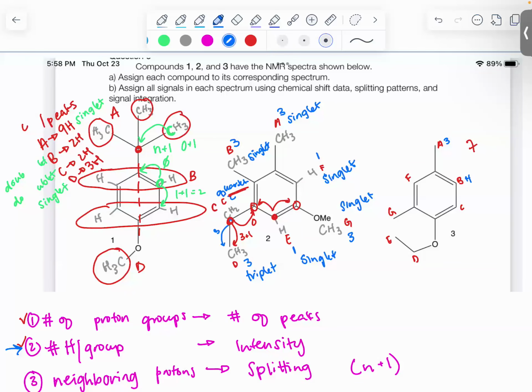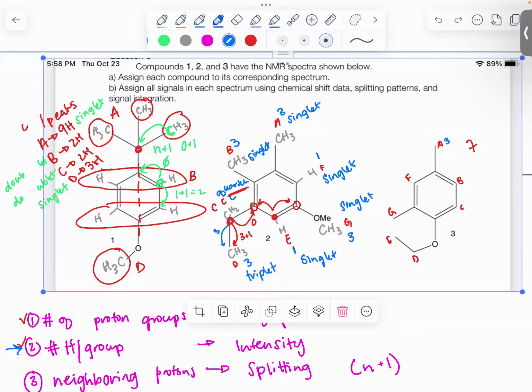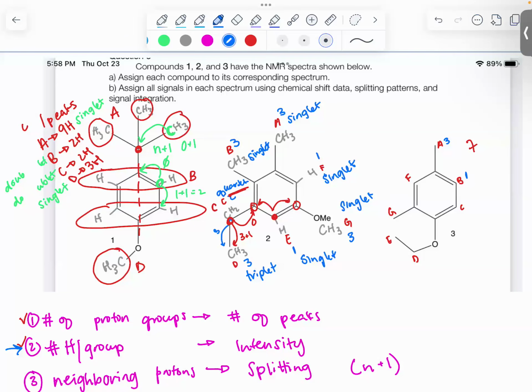C. D. E. F. G. What kind of splitting would we expect A to have?